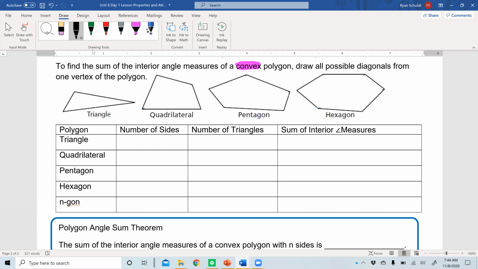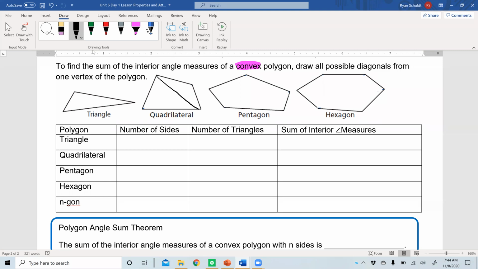What about a quadrilateral though? If I start in this vertex, the only corner I haven't connected to is this one over here. So I'm going to connect to it. Then I'm going to do this pentagon.